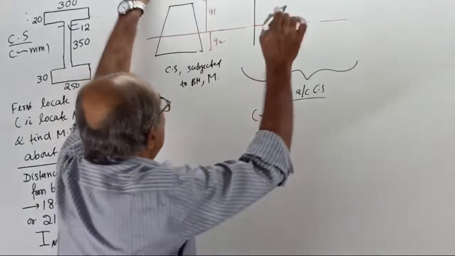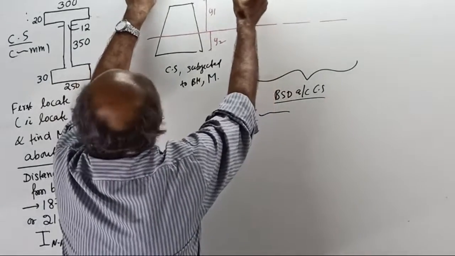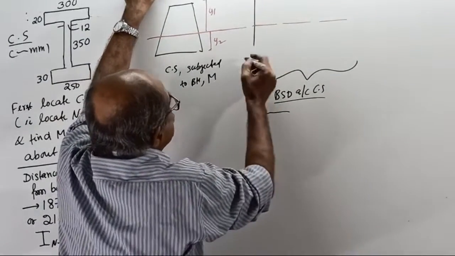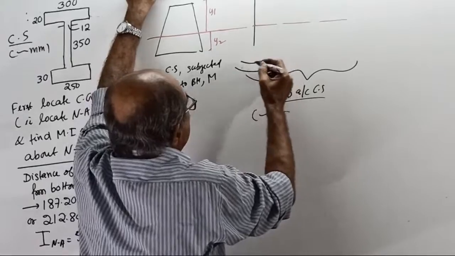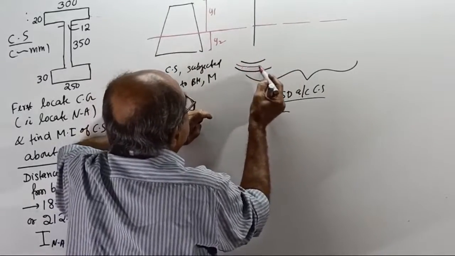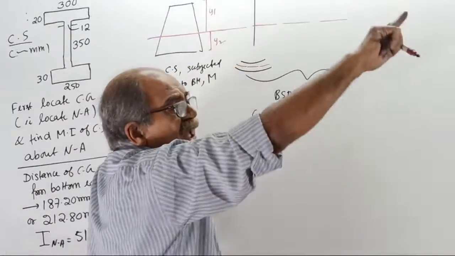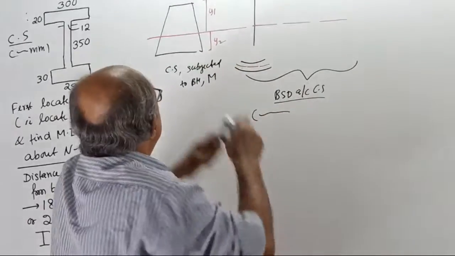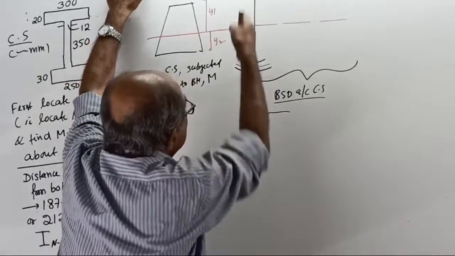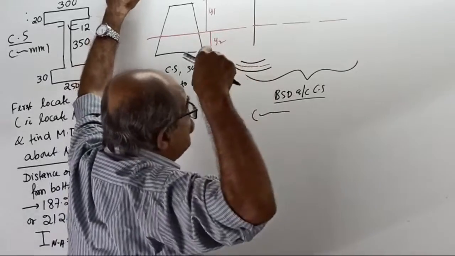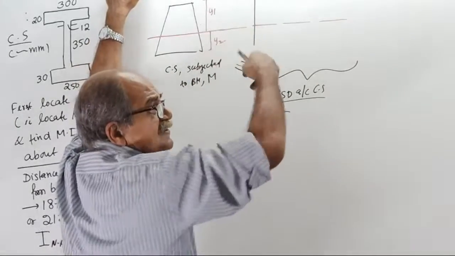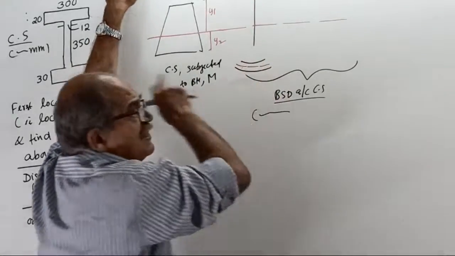Okay, now suppose the BM is sagging. Then the neutral layer comes here. When I show sagging, I am writing a lengthwise sketch. This is actually the cross-section. This red line will come this way as the neutral axis. This red line is the lengthwise one.